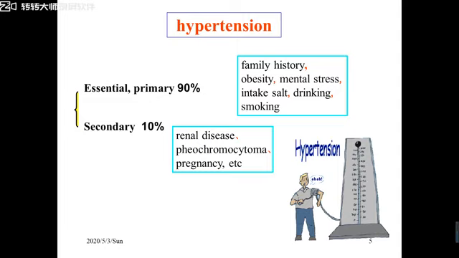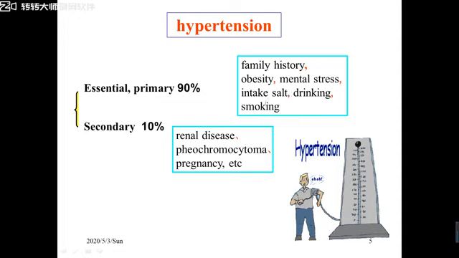Why? Because mental stress can affect blood pressure, can increase blood pressure. And other high-risk factors such as drinking and smoking. So for this reason, we should tell our hypertension patients they should discontinue drinking and smoking.